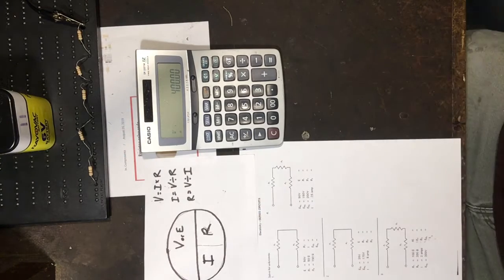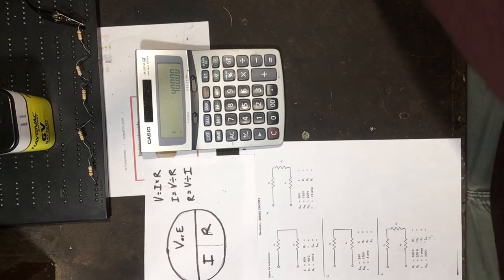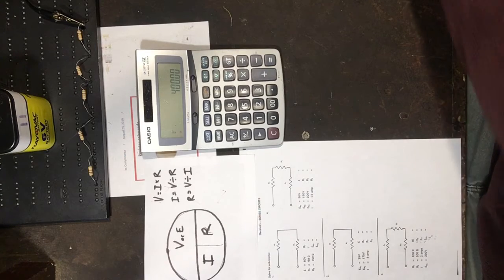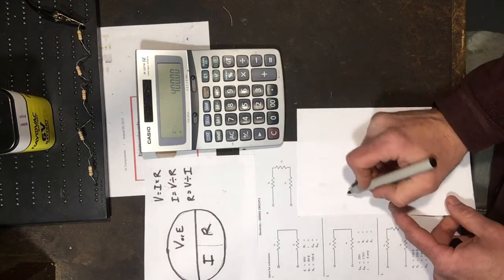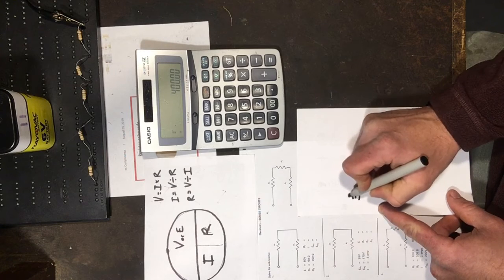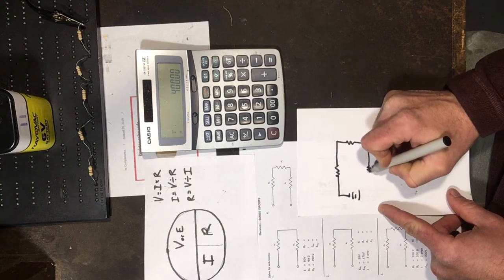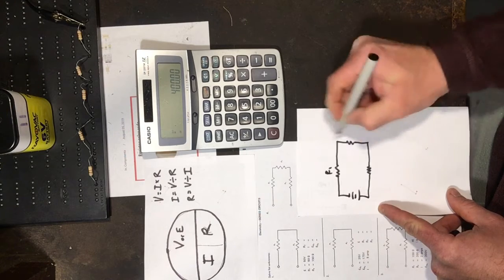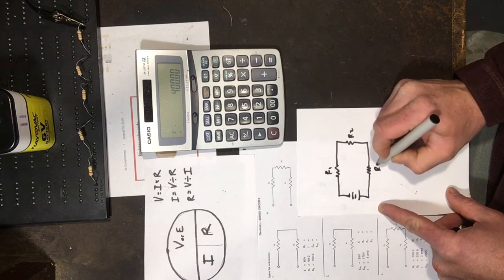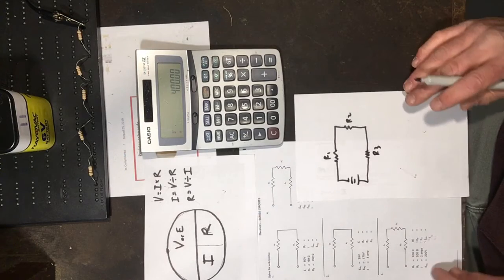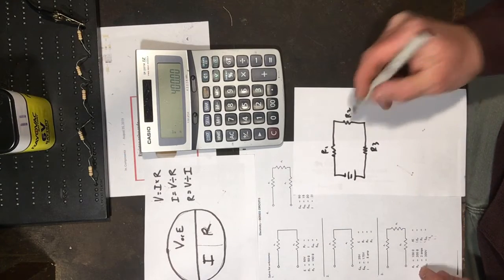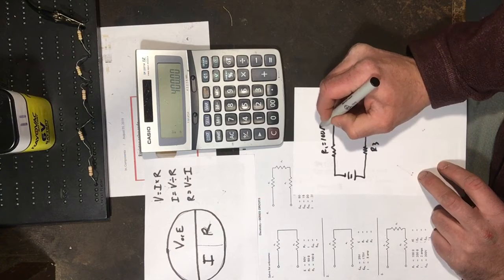Okay? So number 3. Numbers 3 and 4, they add a 3rd resistor in here. R1, R2, R3. We know R1 equals 100 ohms.